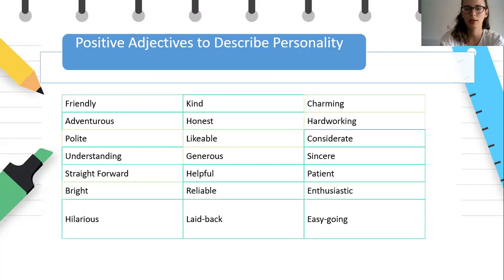Friendly, kind, charming, adventurous, honest, hardworking, polite, likable, considerate, understanding, generous, sincere, straightforward, helpful, patient, bright, reliable, enthusiastic, hilarious, laid back, easygoing. So these are all positive adjectives you can use to describe someone's personality.